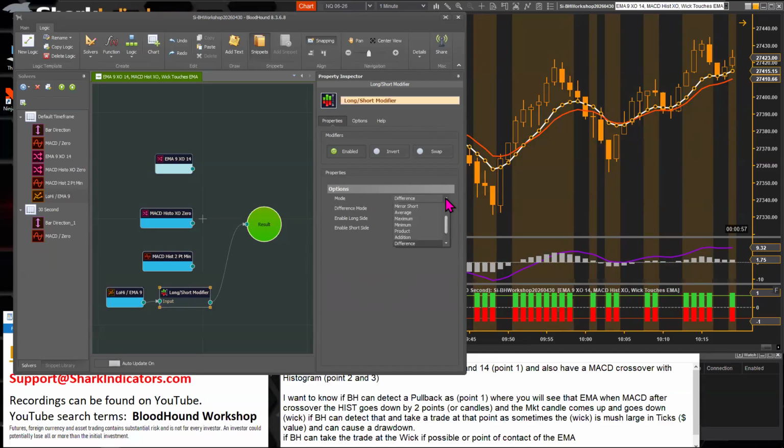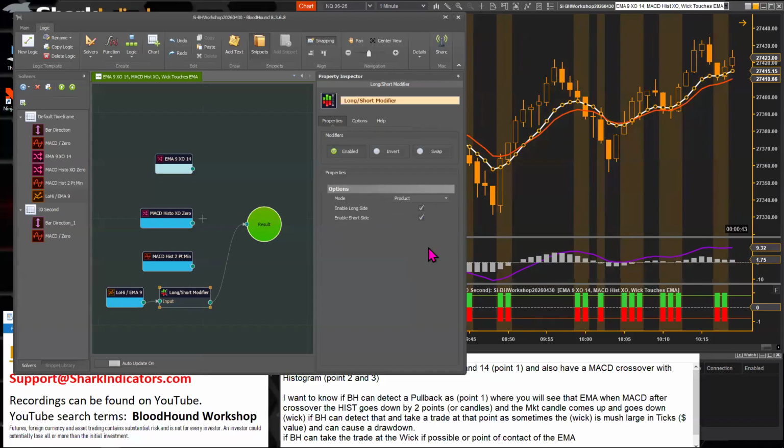Oh, actually, no, apparently I stand corrected there. Not difference, but product. So definitely, product will do that, because 0 times 1 is always 0, and so you have to have 1 times 1 there to have an output.